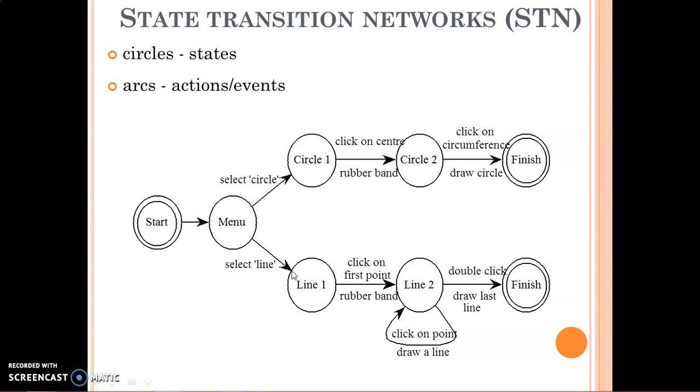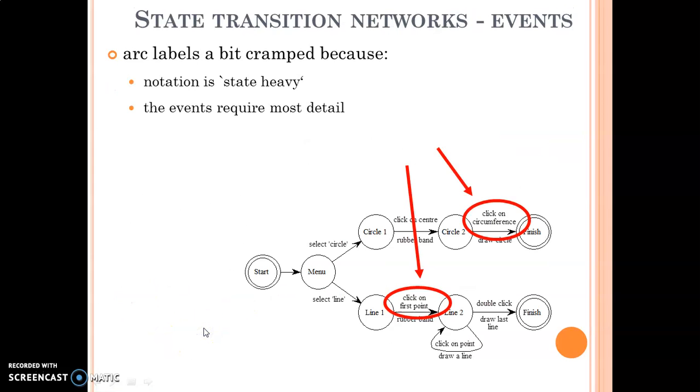STN is able to represent a sequence of user actions and system responses. Once we have clicked one point for a line, we have to click on the next point. Similarly, once we have clicked on the center of a circle, we need to click on the circumference of the circle also.